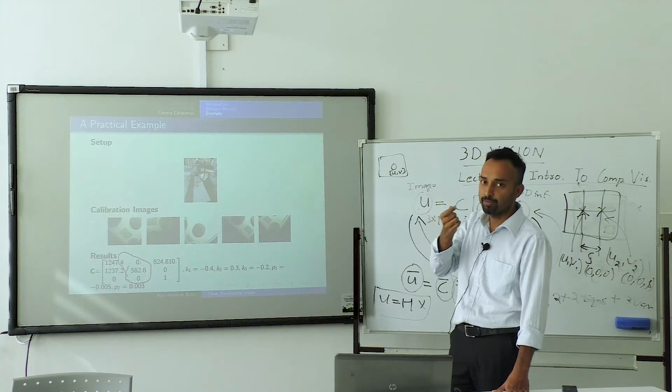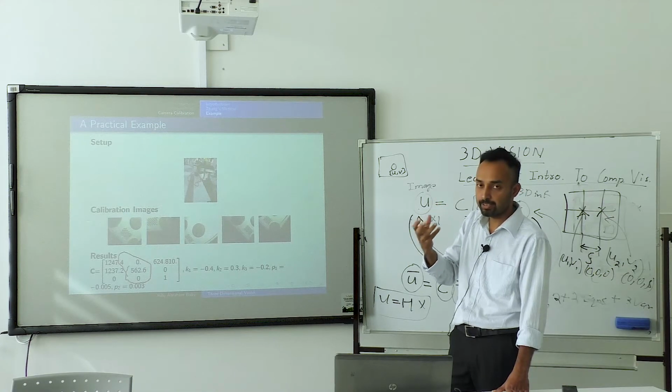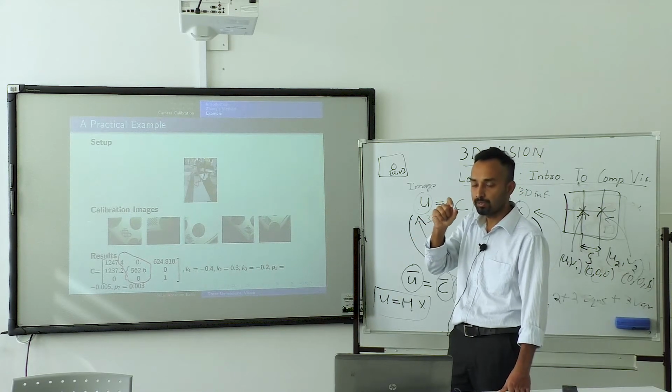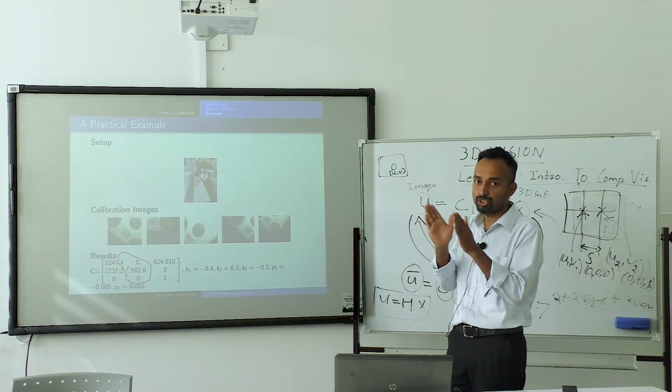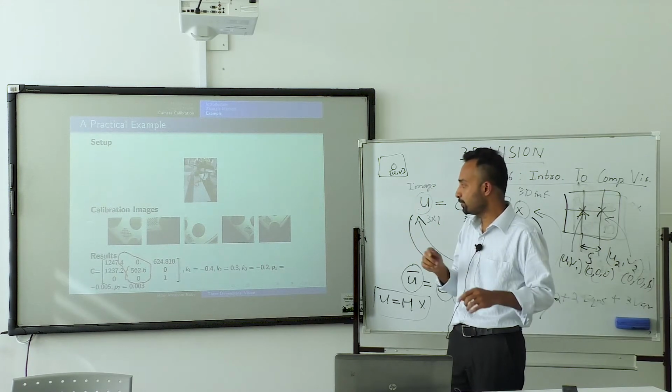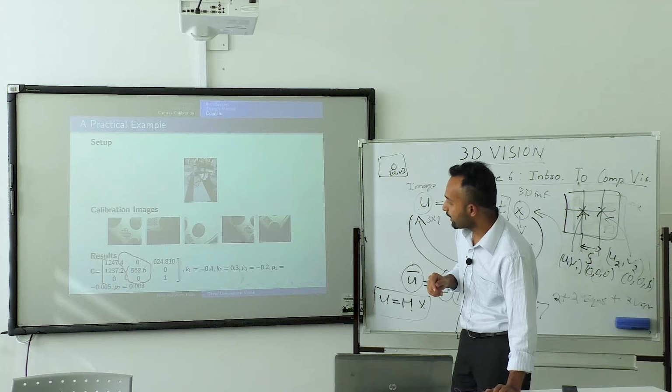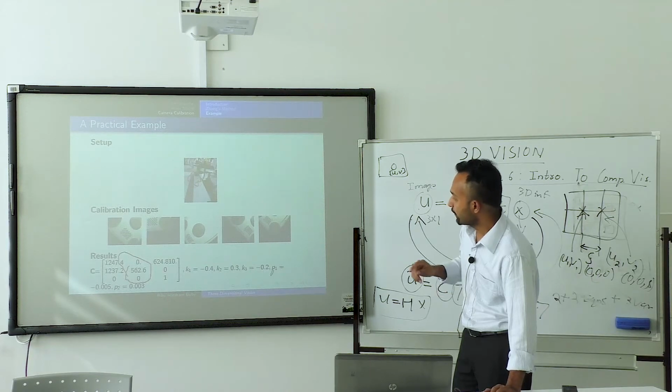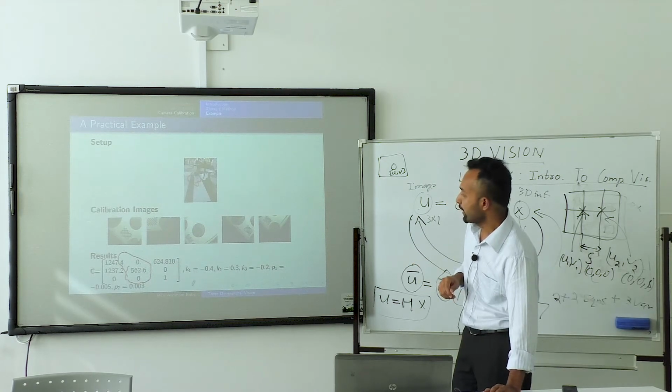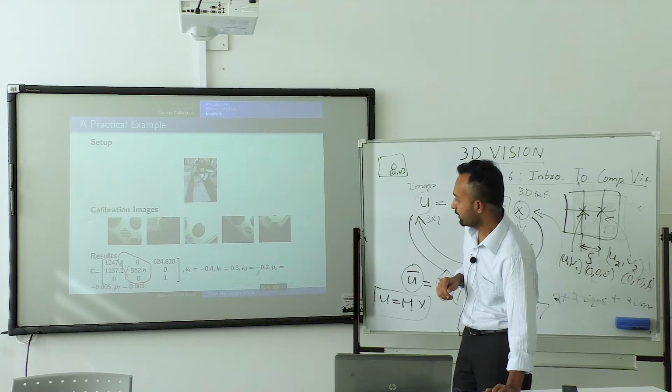The reason being the physical pixel which is detecting the light has a square shape. If it is not square, this will be varying. The parameters for distortion will be K1 equal to minus 0.4, K2 equal to 0.3, and likewise. The tangential distortion values will be very small, but the radial distortion values would be quite high.